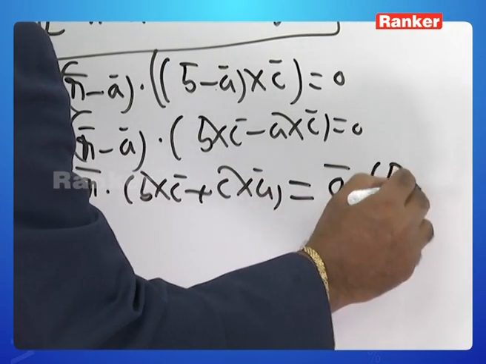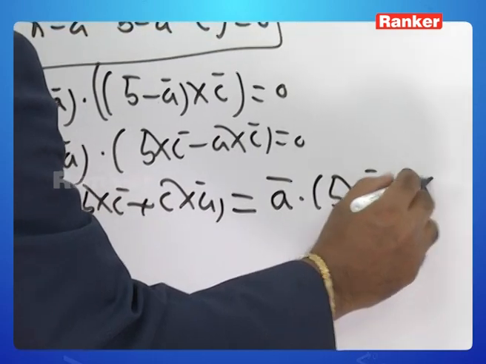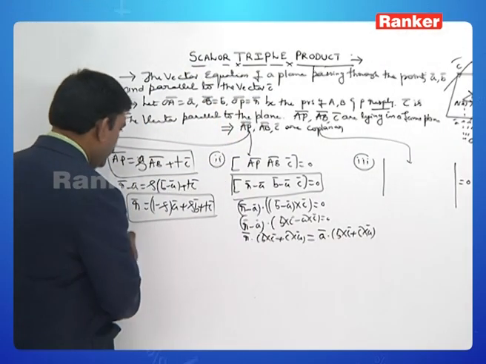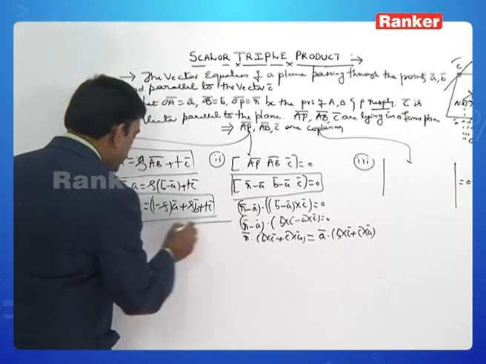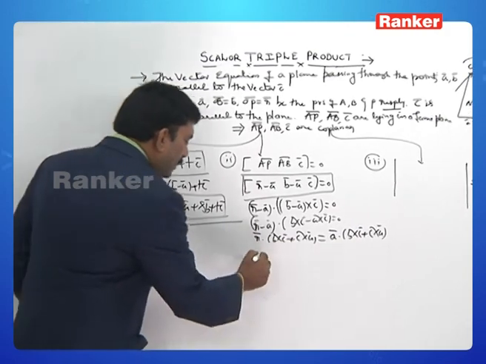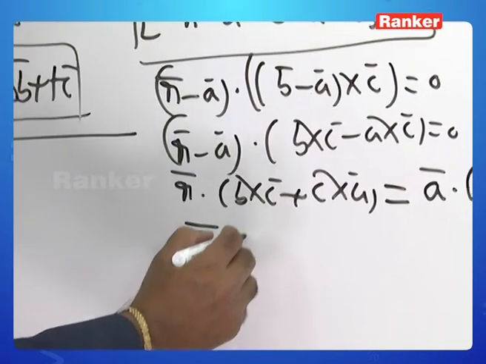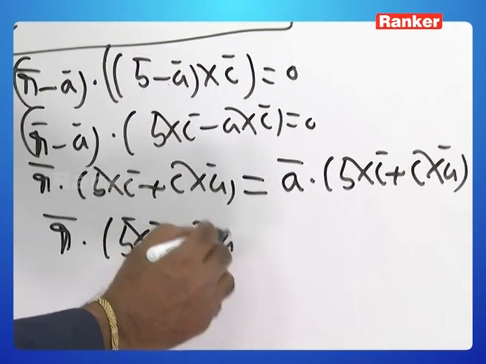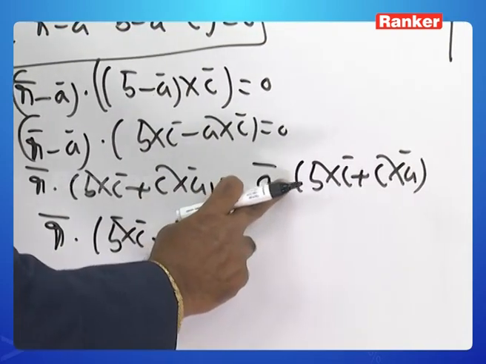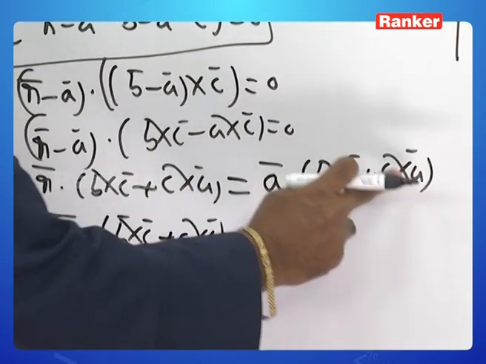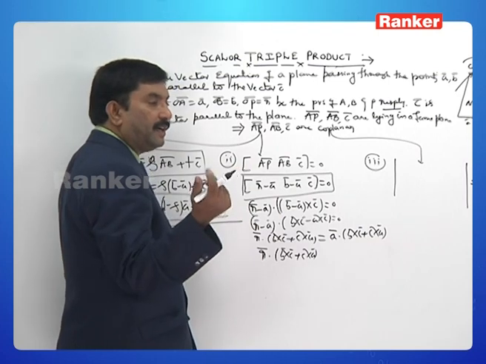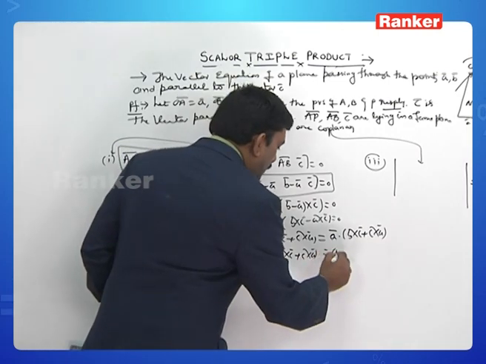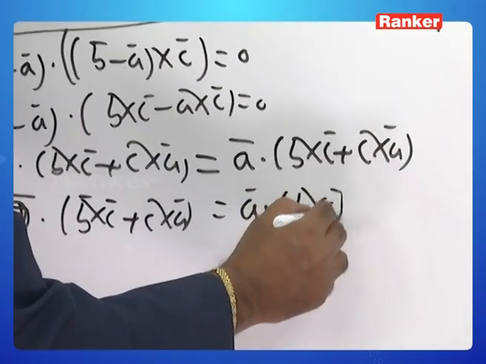Now A dot of B cross C plus C cross A. You take A dot of B cross C, A dot of C cross A. If two vectors are identical, the value of the box or triple product is equal to 0. I can write A dot of B cross C.